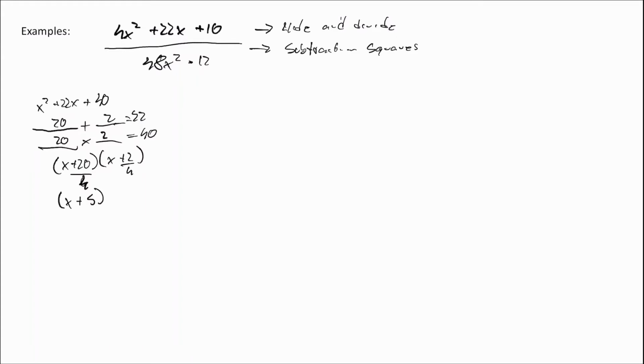And then 2 over 4 will get me 1 over 2. I can't simplify that anymore, so I'll be putting my 2 in front of my x, which will get me 2x plus 1. And then I put my 4 back in front. So that is my factored form for 4x squared plus 22x plus 10.